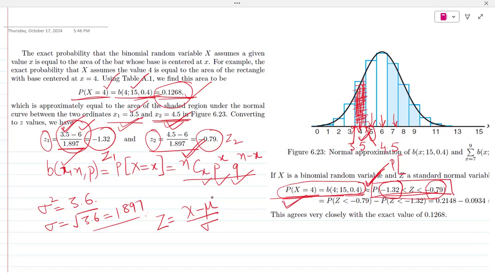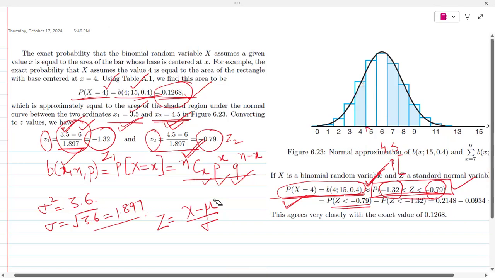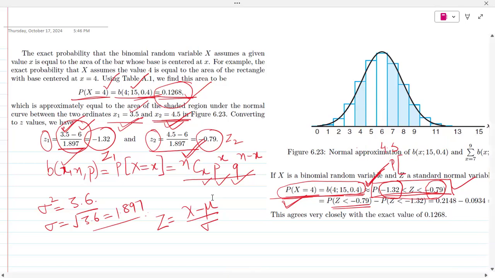Now we can calculate this probability. It is nothing but the entire left of this value, 0.79. Actually, this 4.5 corresponds to what? Let me clear all these. You can see here, this is at the mid.